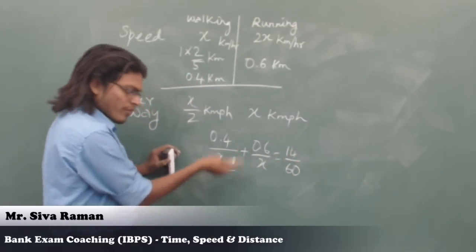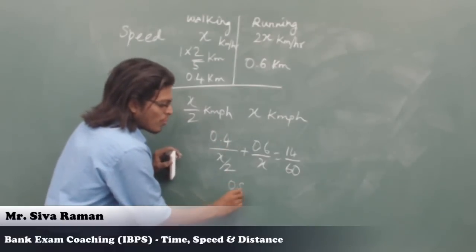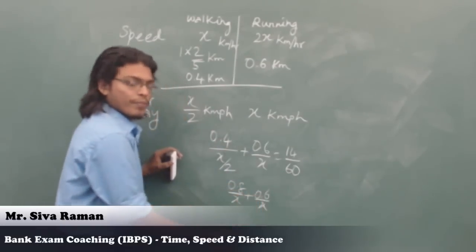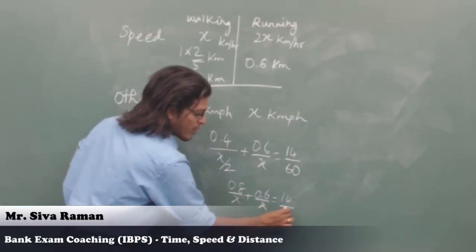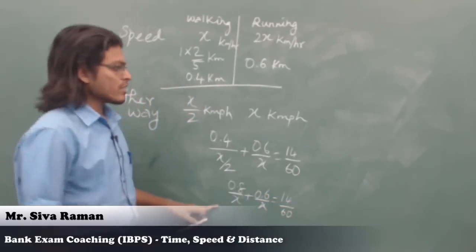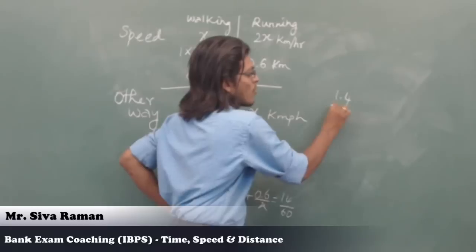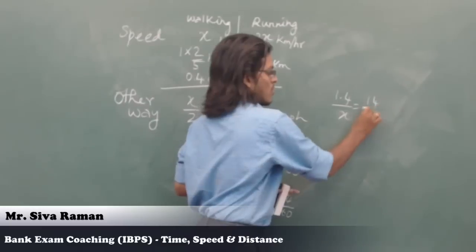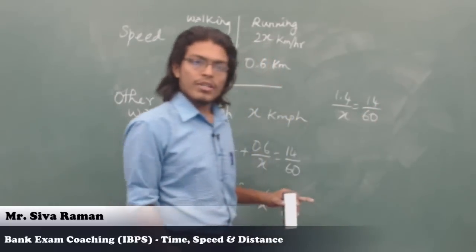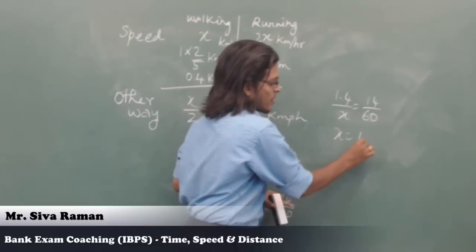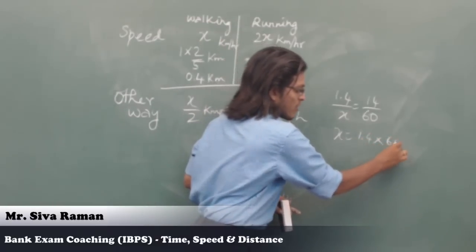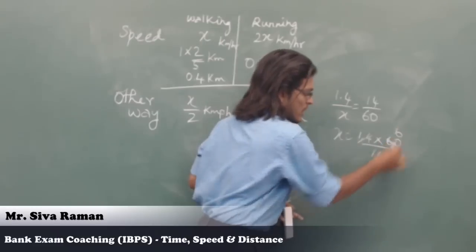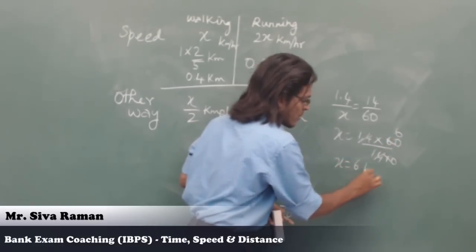So this will give you, if you take this to the numerator, 0.8 by x plus 0.6 by x, which is equal to 14 by 60. 1.4 divided by x is equal to 14 by 60. X is equal to 1.4 into 60 divided by 14. 10 times 6. X is equal to 6 kmph.